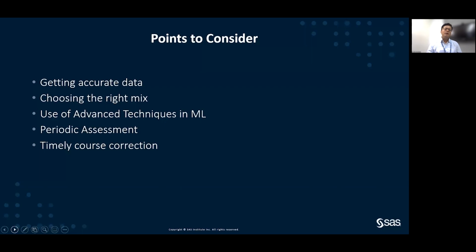So there are some innate inaccuracies in the data that we have to live with, because otherwise our analysis will be affected drastically.